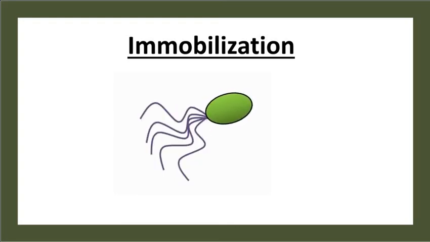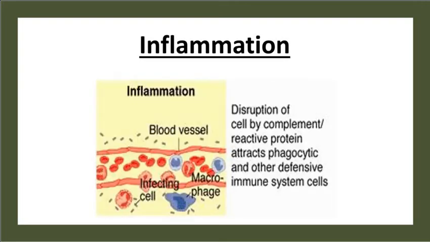Okay, the next process should be the one you're most familiar with because it is part of the process we've talked about in the immune system. And that is where you actually have the antibodies attach to a cell, whether it's bacteria or whatever, and it actually will attract the white blood cells to it.